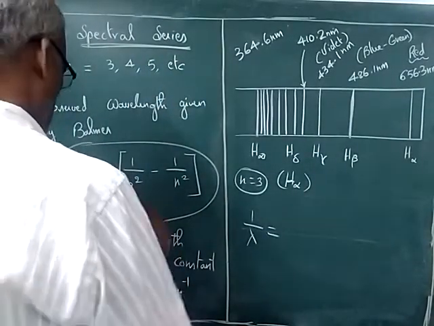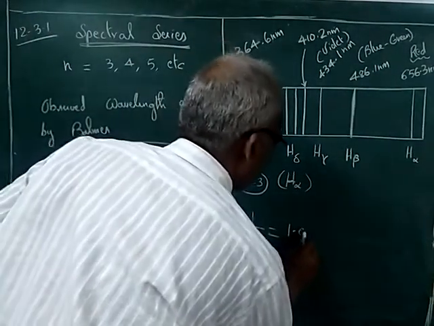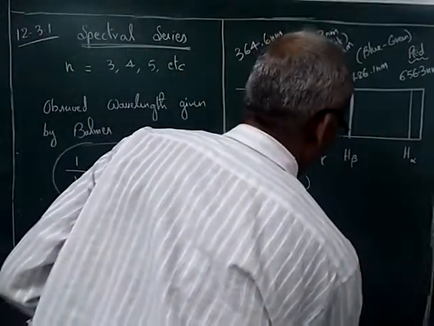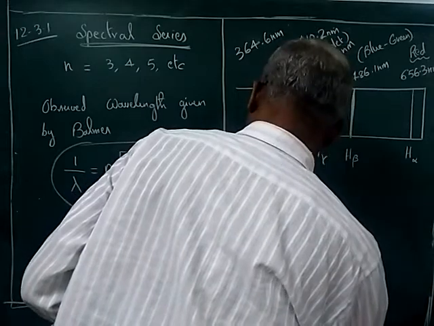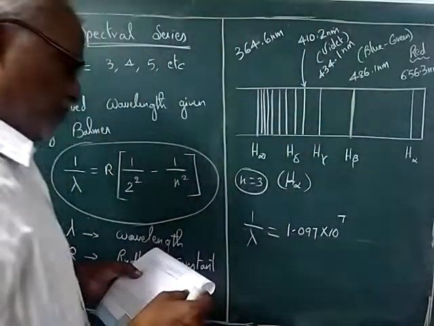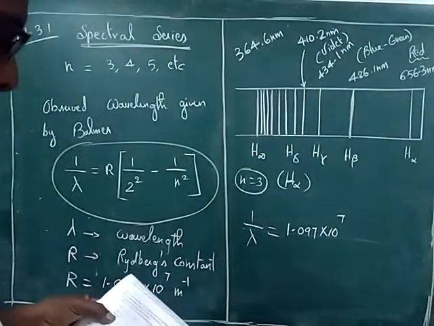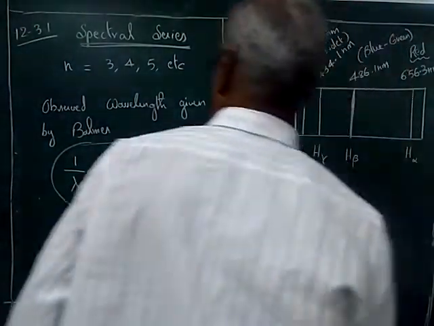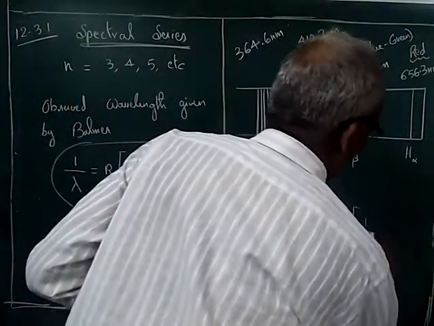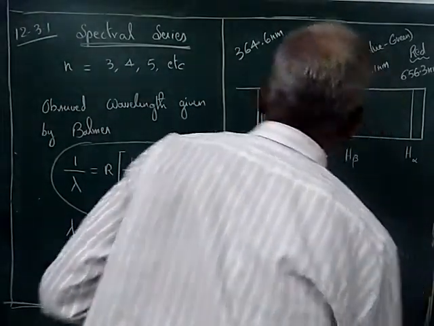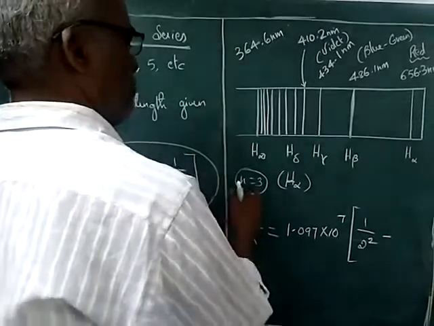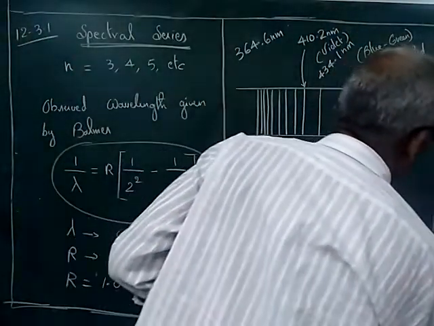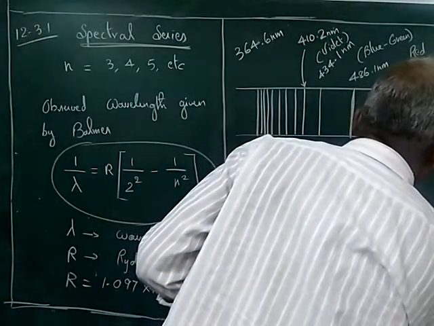So 1 by lambda. Rydberg's constant we know, you just substitute 1.097 into 10 power 7 per meter, and then we have 1 by 2 square minus 1 by n square. n we have taken as 3, so 1 by 3 square.